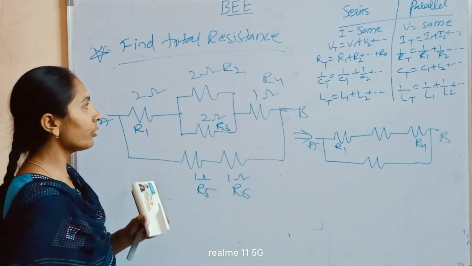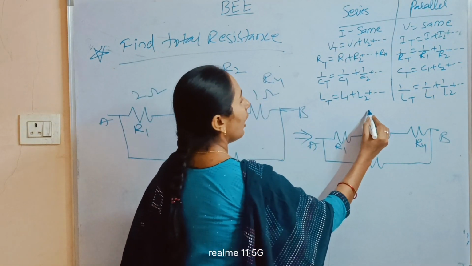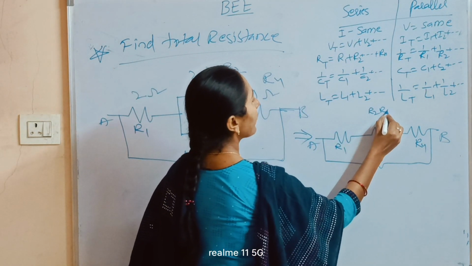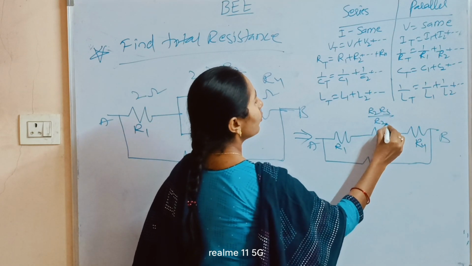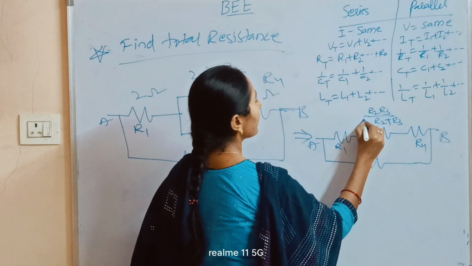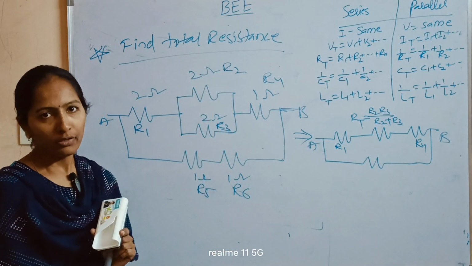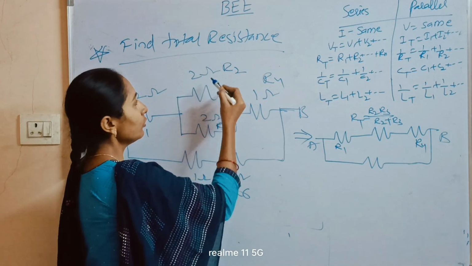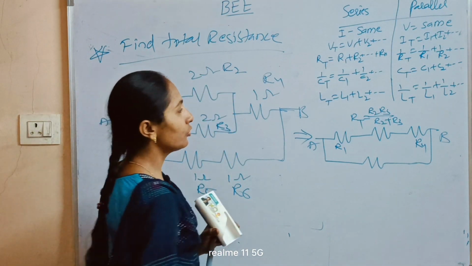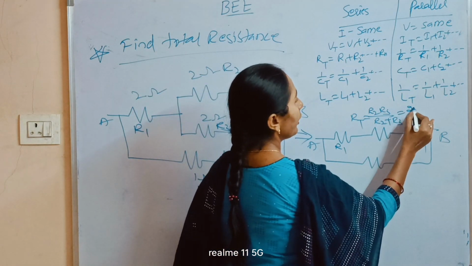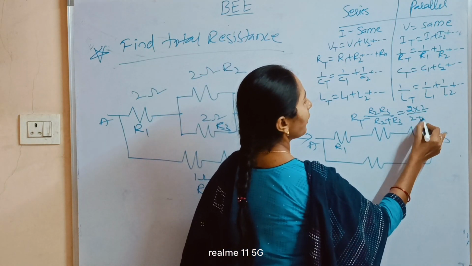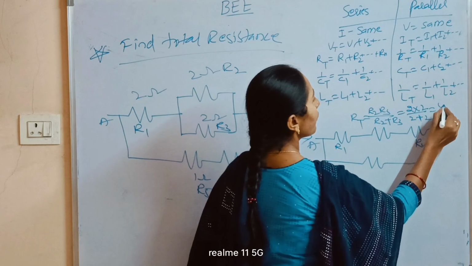So for the parallel combination, R2 R3 by R2 plus R3 formula gives the R total for this combination. So 2 into 2 divided by 2 plus 2. So that gives 4 by 4.